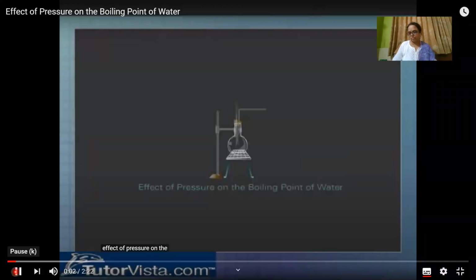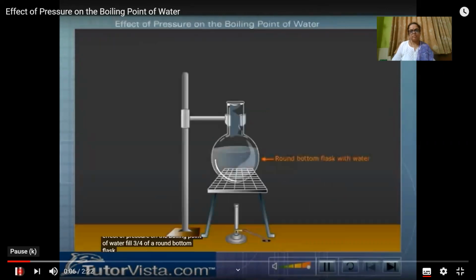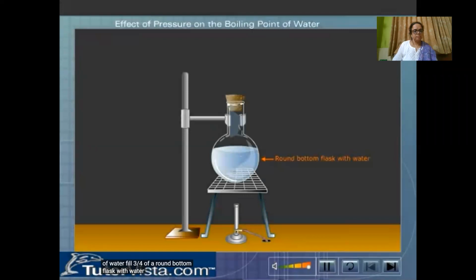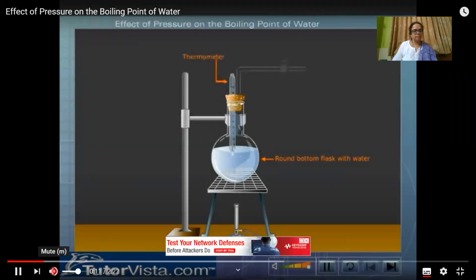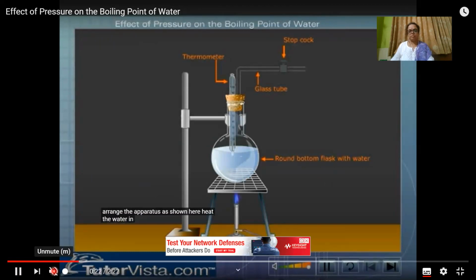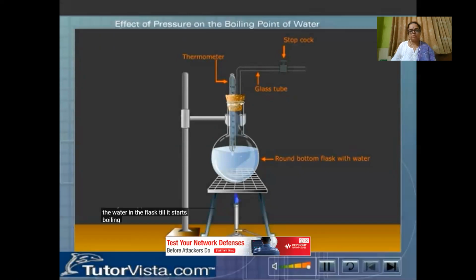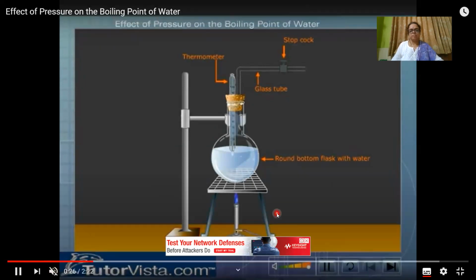Effect of pressure on the boiling point of water. Fill a round bottom flask with water. Arrange the apparatus as shown here. Heat the water in the flask till it starts boiling.